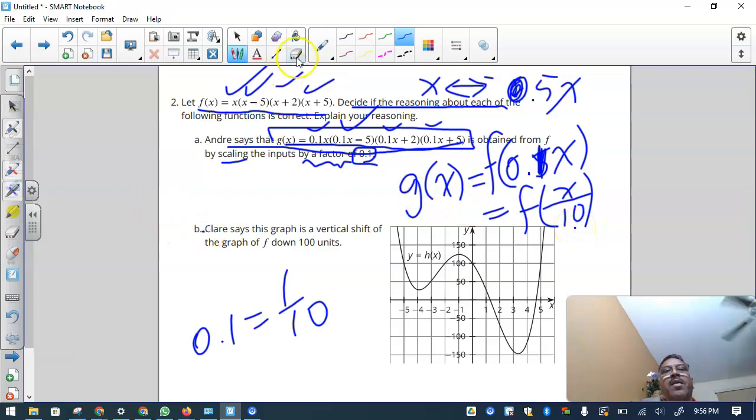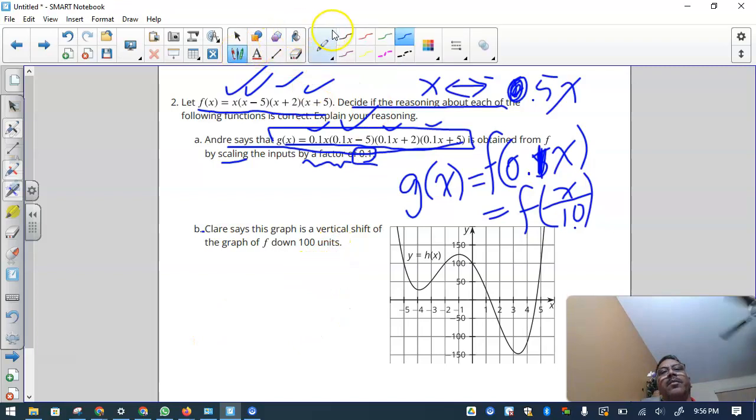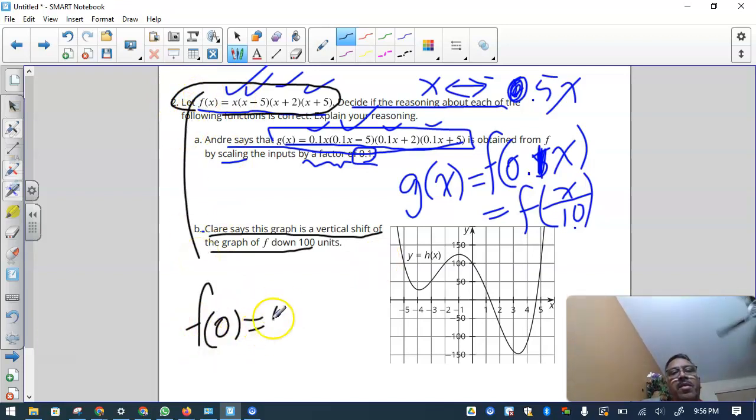Then Andrea says there is a vertical shift of the graph of f down 100. Now, if you put x equals 0 in this equation, f of 0 is 0.